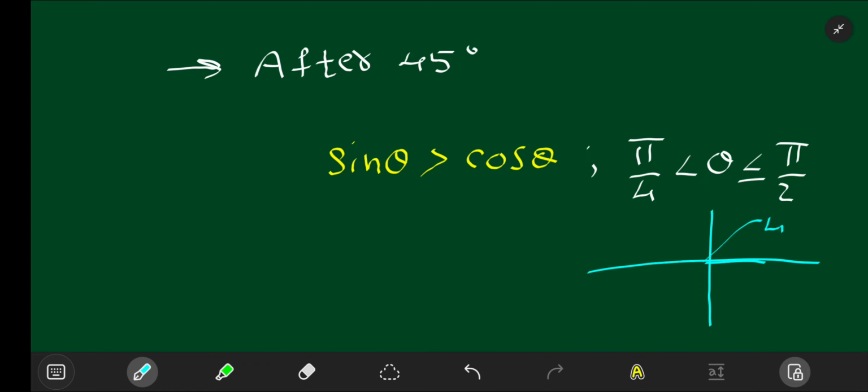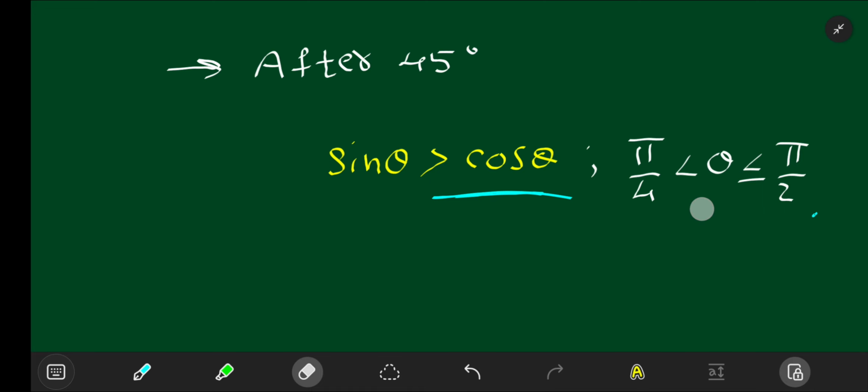This is the 45 degrees line angle and here is the 90 degrees. In this portion, while you increase the angle above 45 degrees to 90, sin theta values are greater and cos theta values are smaller than sin theta values.